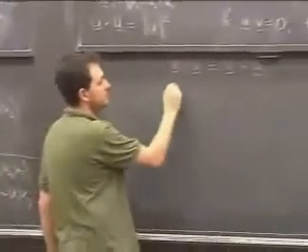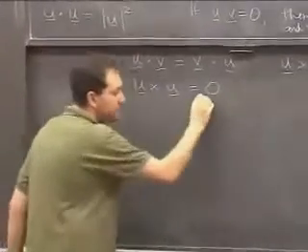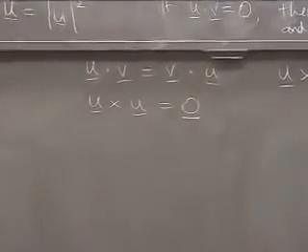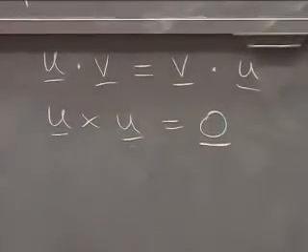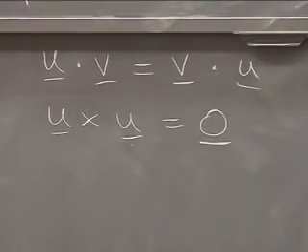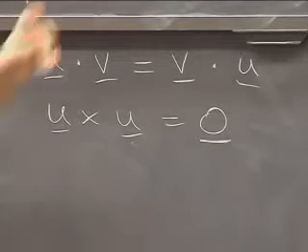Also, might as well enumerate that U cross U is 0. But I should put a 0 under a vector 0, because remember, the cross product is a vector. So this is the three-dimensional vector that has no length. It's not much to look at. You can look at it in terms of area.